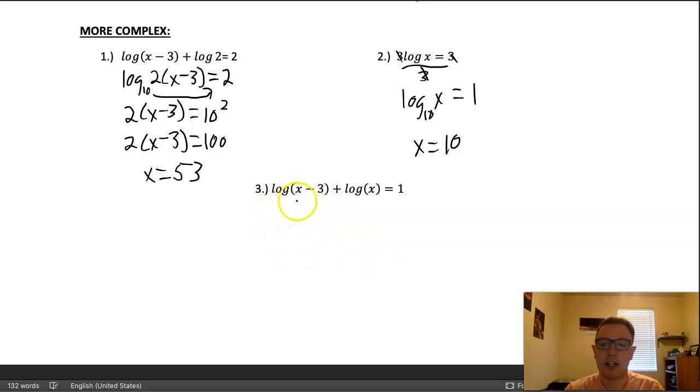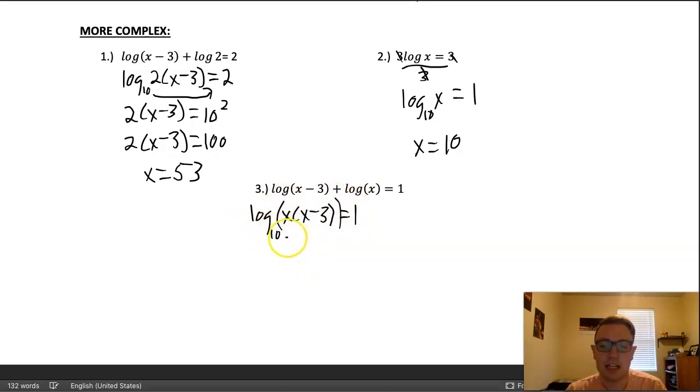Okay. What about this last one? For this we have log of x minus 3 plus log of x is equal to 1. How would we combine our logarithms together? What would it become? They're added together, so we need to multiply these, or this is going to become log of x times x minus 3 is equal to 1. Move the logarithm over to the other side.